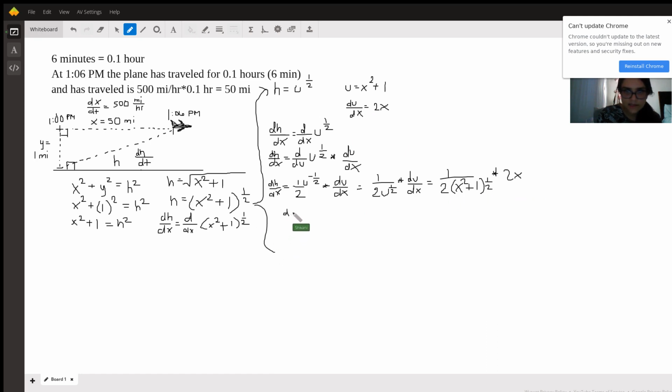So then dh over dx would be equal to 1/2 of the square root of x squared plus 1 in the denominator, times 2x.